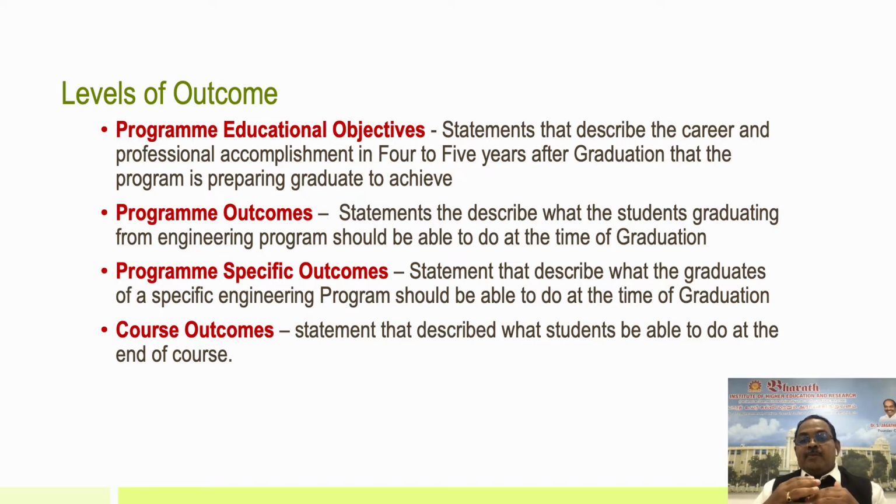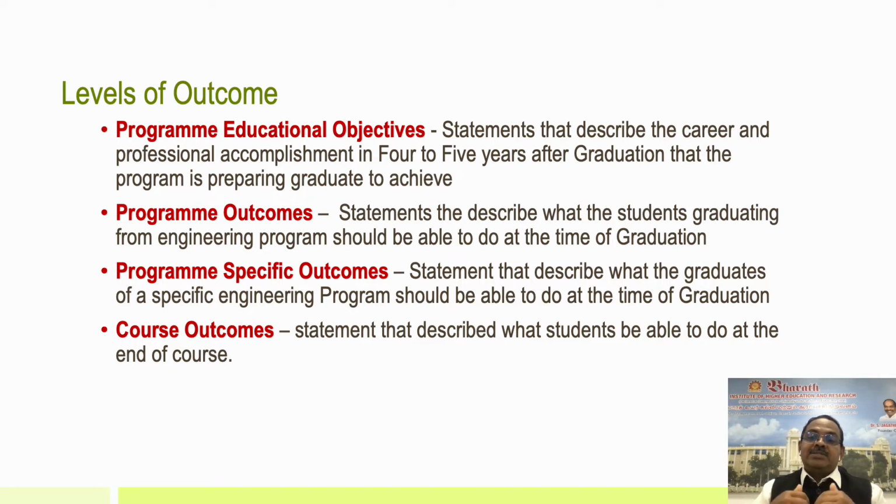The first, uppermost level of outcome is the program educational objective, shortly termed as PEO. This PEO can be achieved with the help of the next level of outcome, called program outcome and program specific outcome.